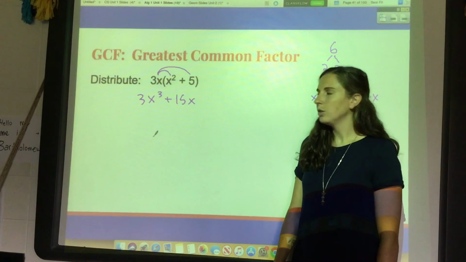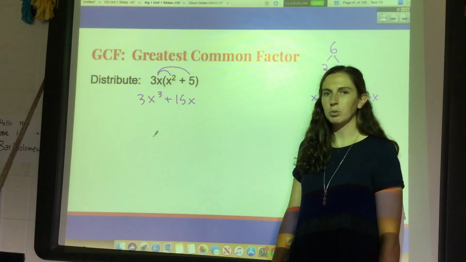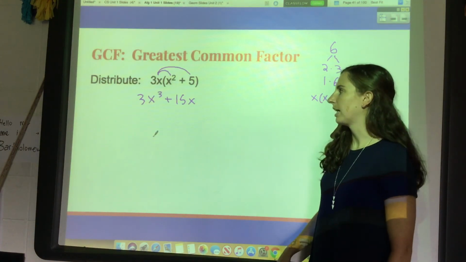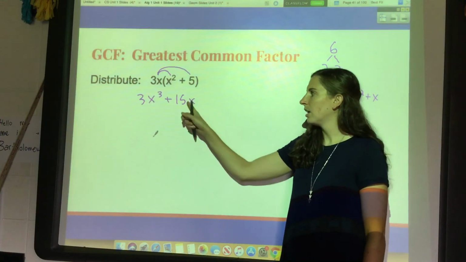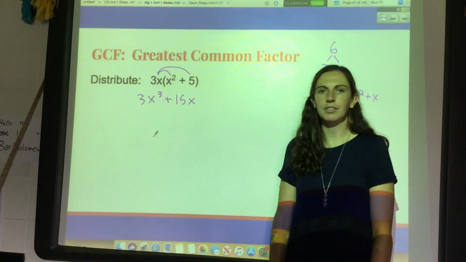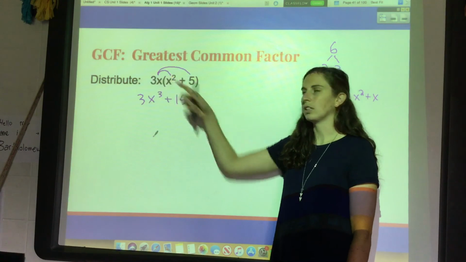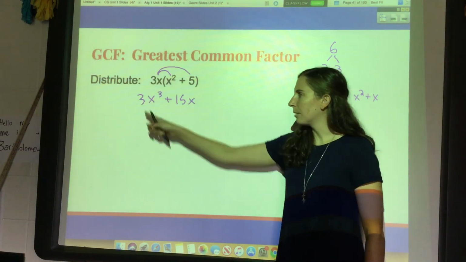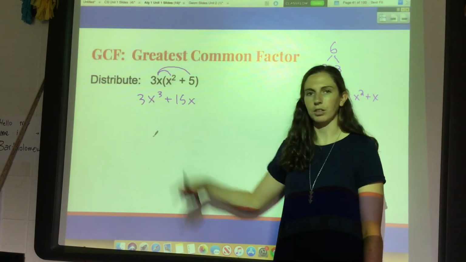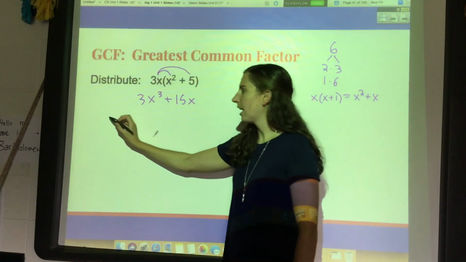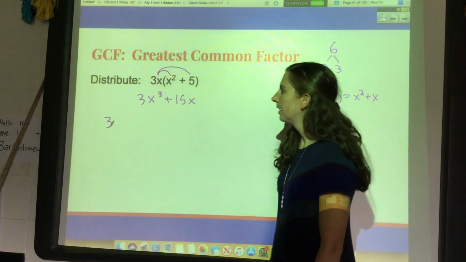So the way you're going to do this, there's a couple ways. The way I like to think about it is, what could I divide both of these terms evenly by that I could bring out to the front? I noticed that both numbers are divisible by 3, so the GCF probably has a 3.